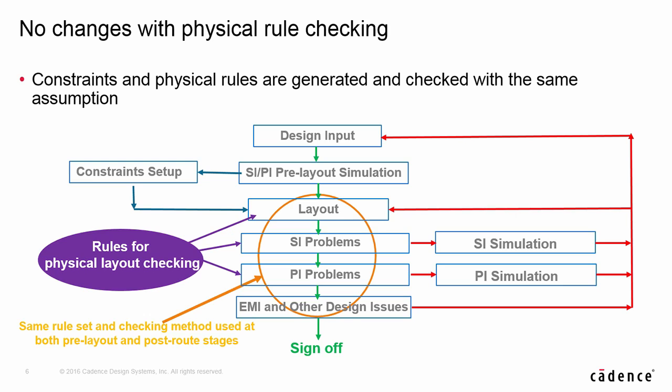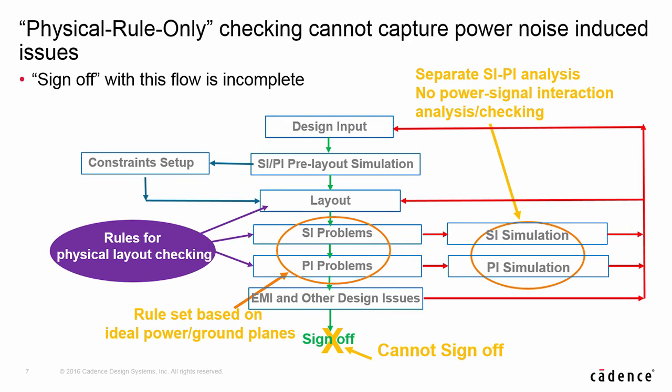More importantly, all the rules are still physical layout check based, and the same assumption for constraint extraction and the rule check is used. In other words, constraints at the pre-layout stage are set by assuming ideal reference planes, while rules checked at the post-route stage also assume ideal reference planes. It totally ignores the power noise impact on signals at the post-route stage.